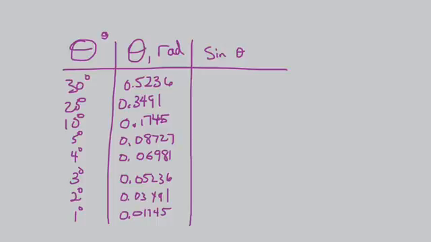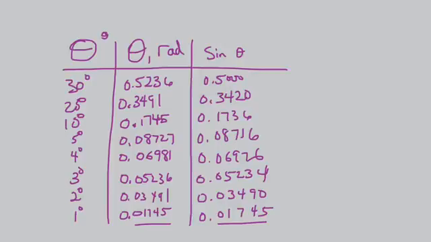All right. So now the task is find your sine. The sine of 30 is 0.5, right? 0.5000. It's 1/2. But then 20 degrees, 0.3420. 10 is 0.1736.